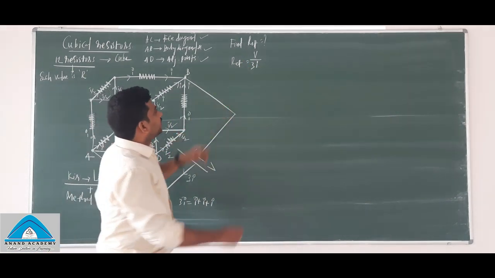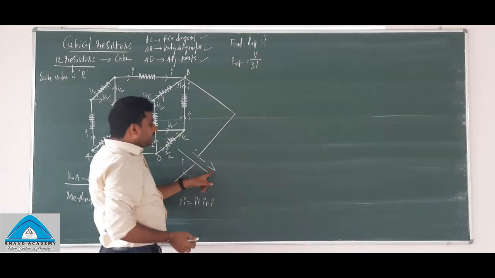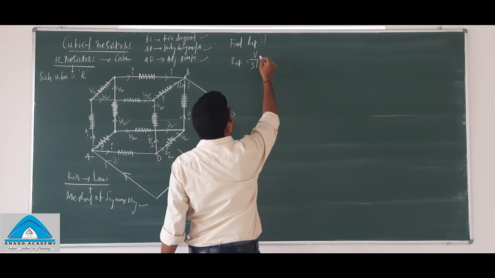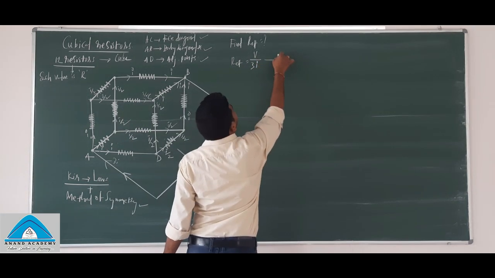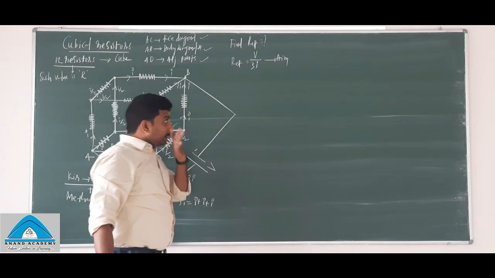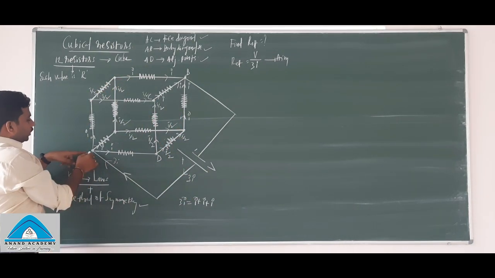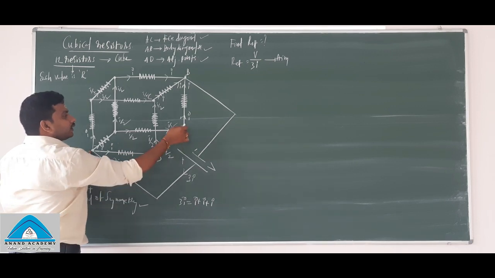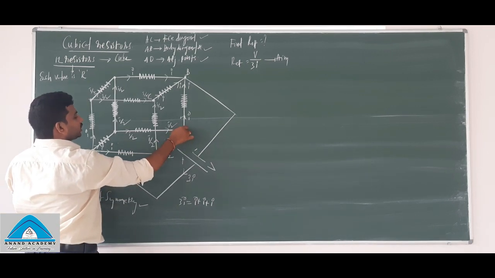Now, R effective is equal to V by 3I. Then, this is our A. V, it's already here, 3I. So, this is our A. Let me take a loop called A, right? A, B. This is the point, we have not given any name.